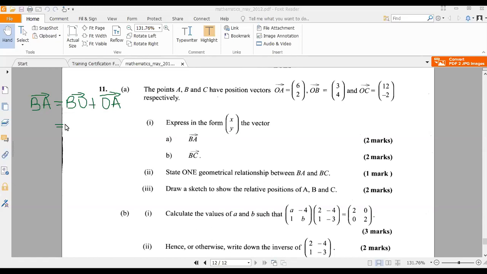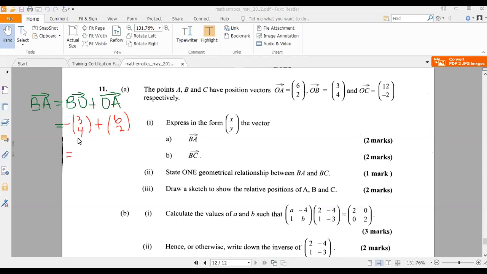So we put negative of OB. OB is actually 3 and 4, right? So 3 and 4 plus OA. OA will give me 6 and 2. Just remember that thing.